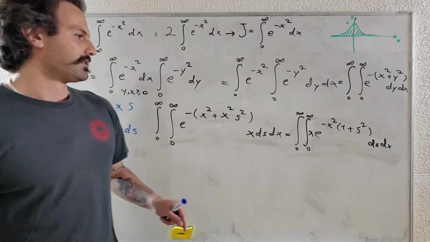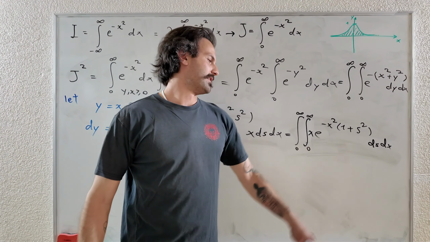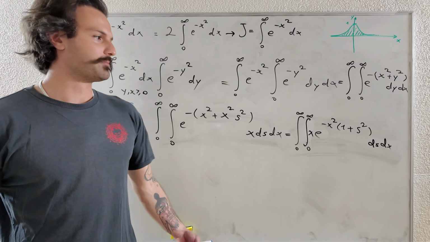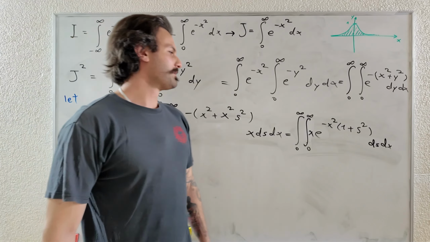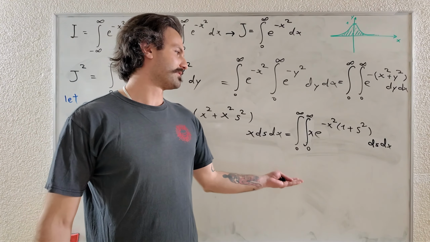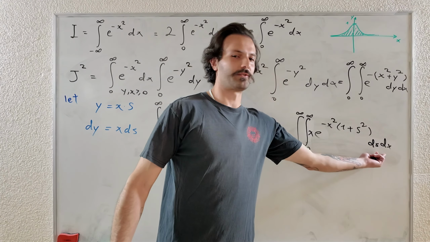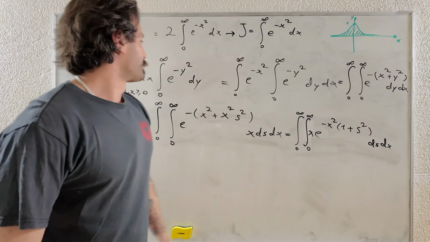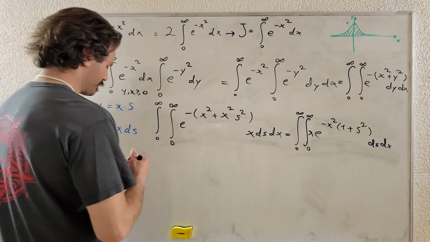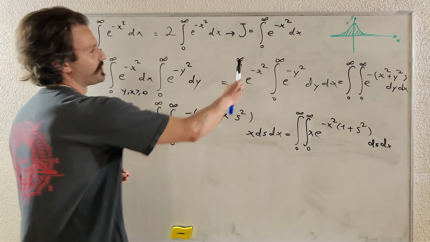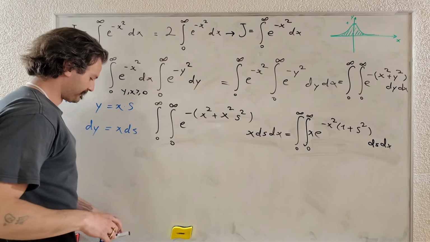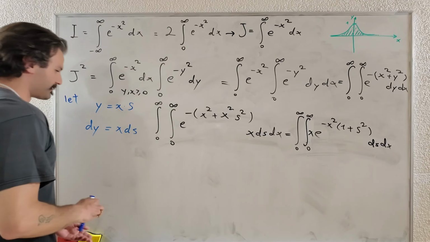All right, now the inner integral has a really familiar form which one should know, but in order to integrate it, we need to change the order of integration, right? To do so, we need to show that our integral J is going to converge. All right, let's try to show that.